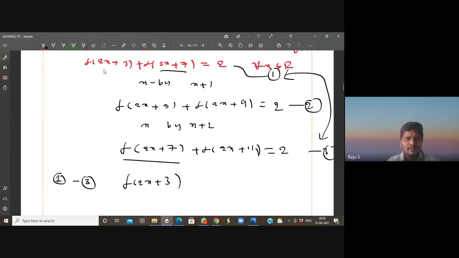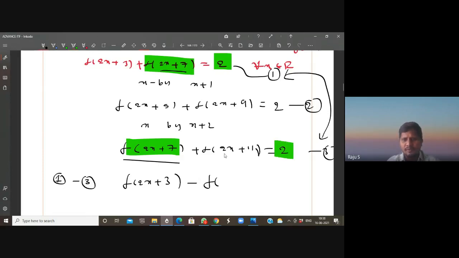Then here it is f of 2x plus 3 minus. These two will be cancelled, and again 2 minus 2 also becomes 0. So f of the remaining value alone, this is 2x plus 11, is equal to 0. From this, f of 2x plus 3 is equal to f of 2x plus 11.